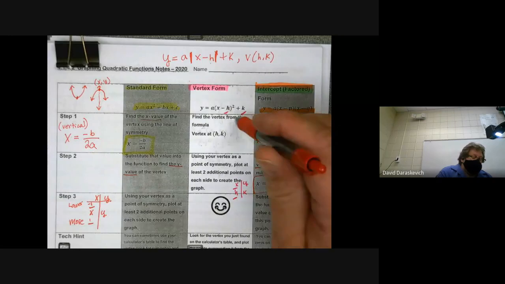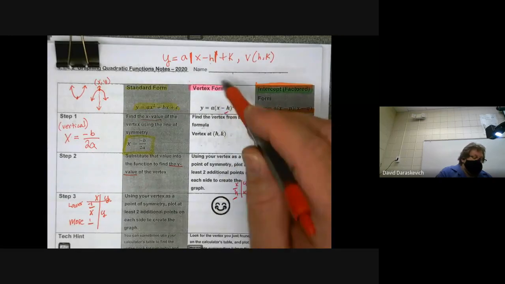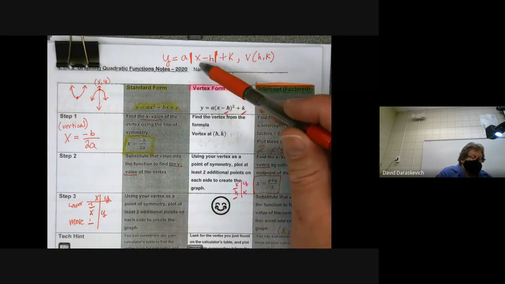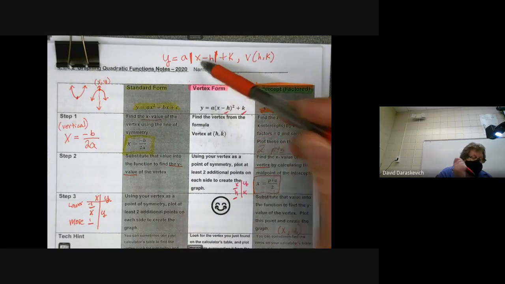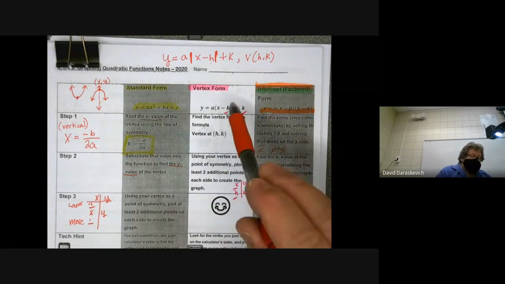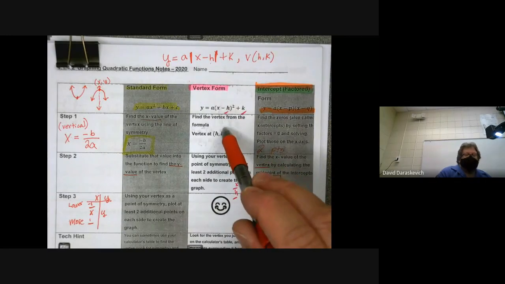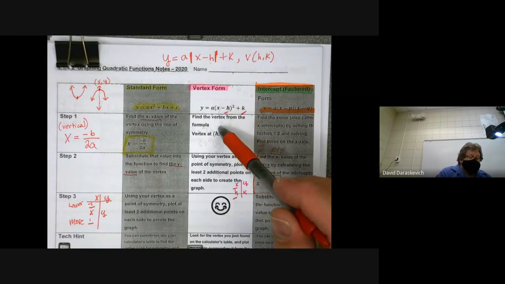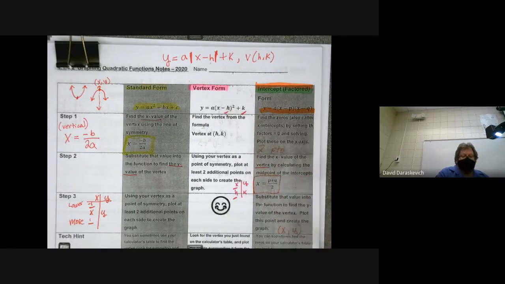And this form, the vertex form of a quadratic function, is different than the vertex form of the absolute value function. It is the easiest one to graph. In fact, it's so easy that it's easier to do this by hand or manually than with the calculator.